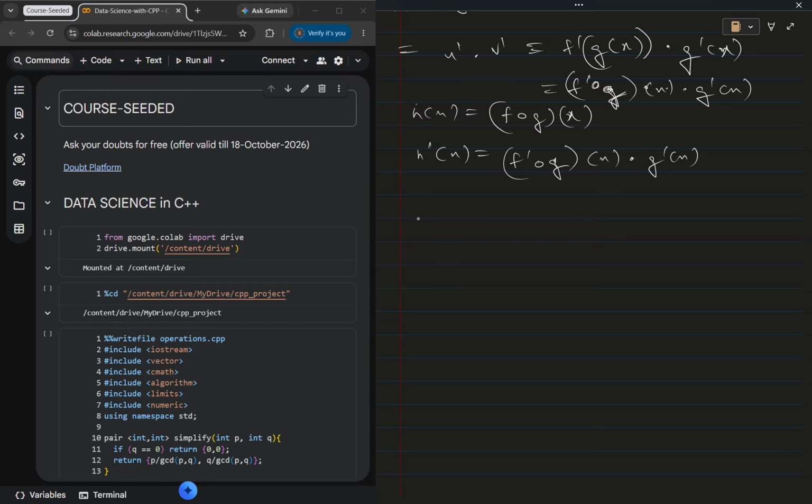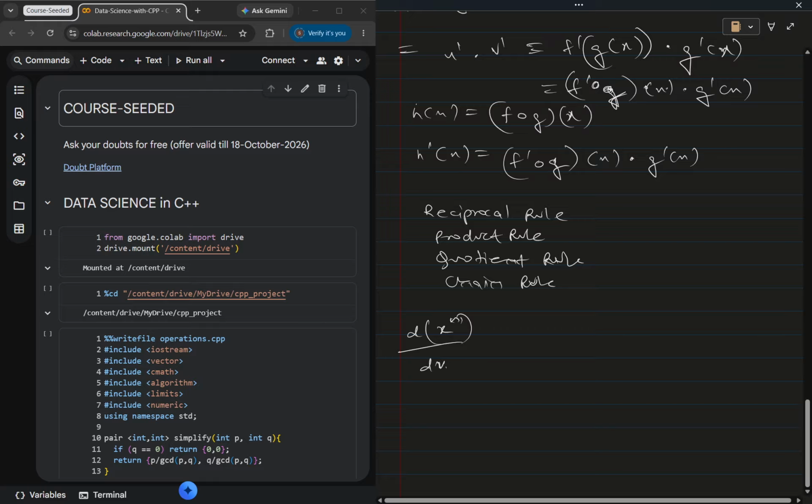So now we have covered this. Before that we have also covered a few rules: the reciprocal rule, the product rule, the quotient rule. Then we also have your chain rule, and we have also proved that the derivative of x to the power n equals n times x to the power n minus 1.